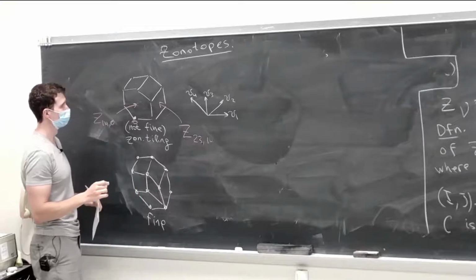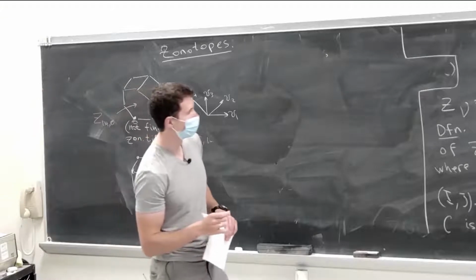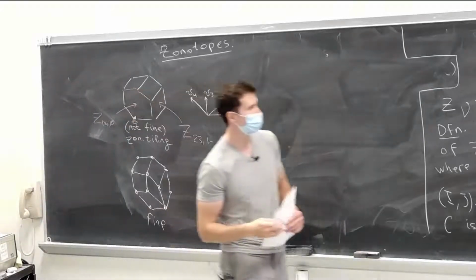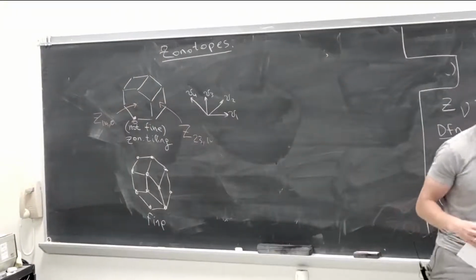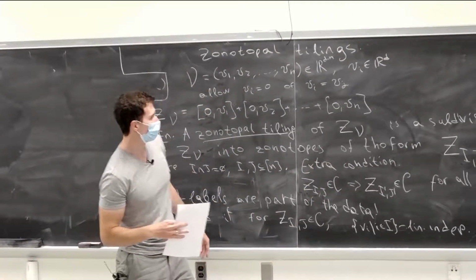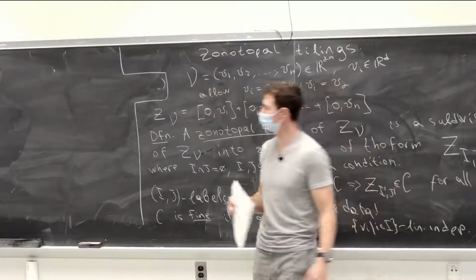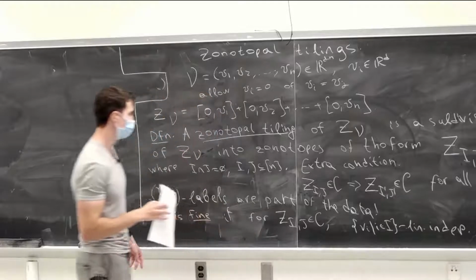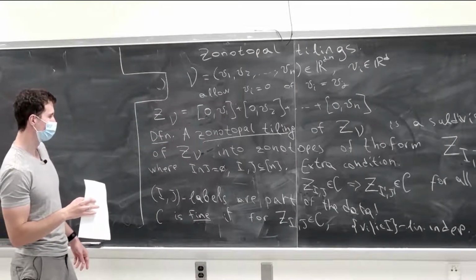Now I should look at the intersection, or maybe at the faces. The extra condition tells me that if you have a zonotope, then I should record all of its faces. Oh, actually, maybe this condition is only for fine zonotopal tilings. Yeah, bad idea.